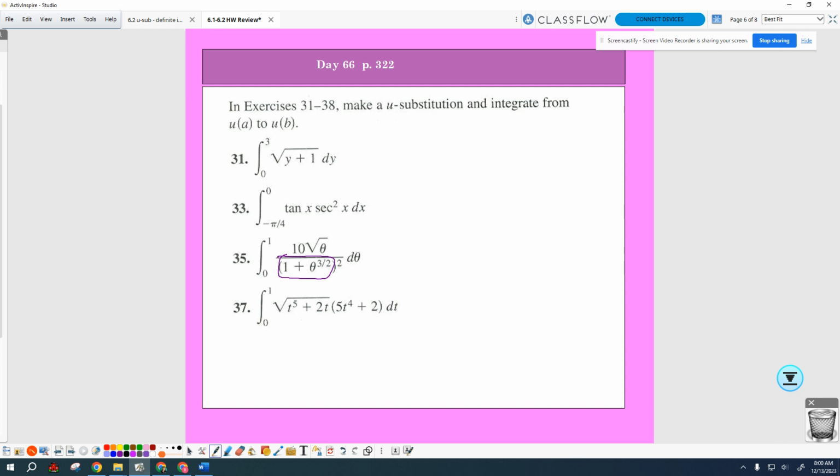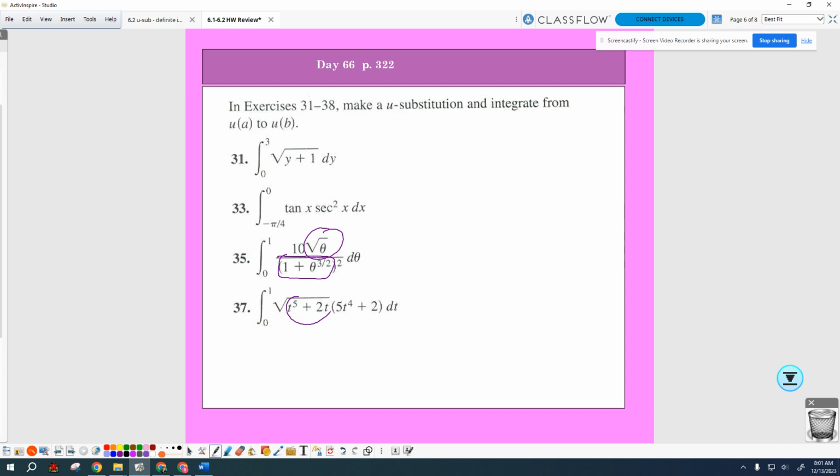Why? Well, the derivative of 1 goes away. The derivative of theta to the 3/2 is multiplied by the power, lower the power. Do I have the square root of theta up top? Yes. So some form of the derivative is there, in particular the variable. It's off by a constant, whatever, I can fix that.